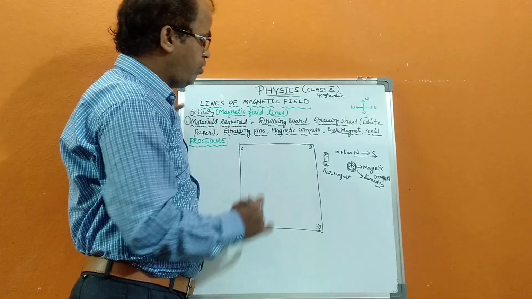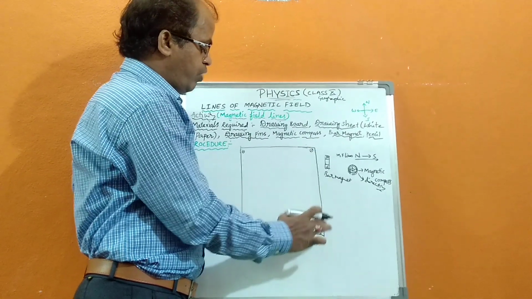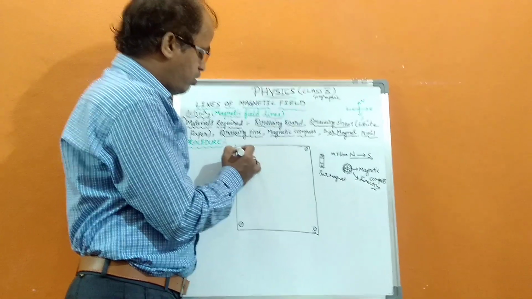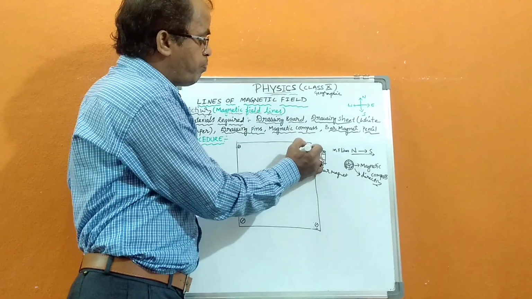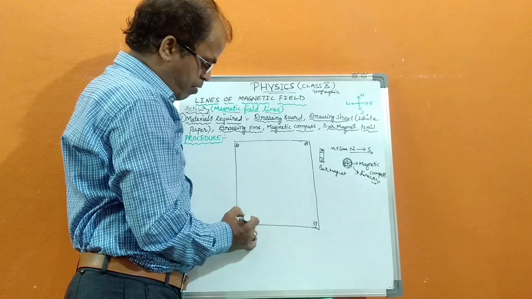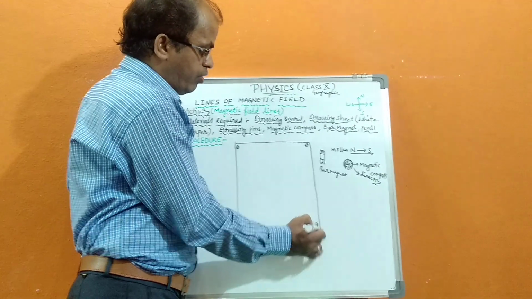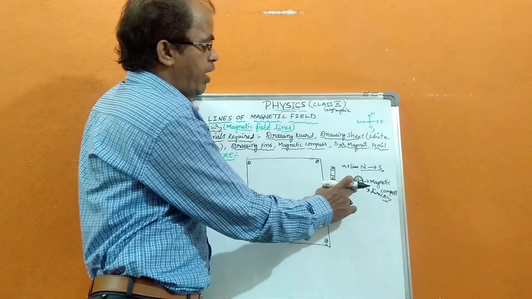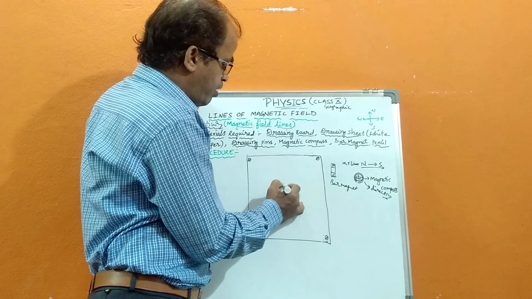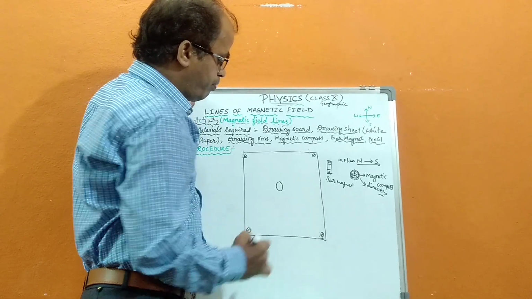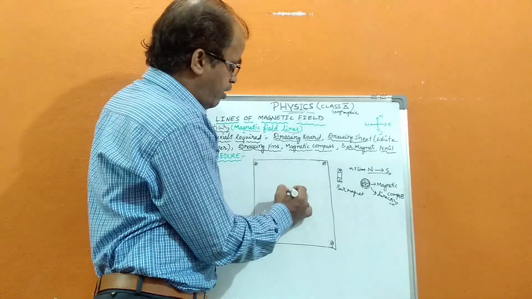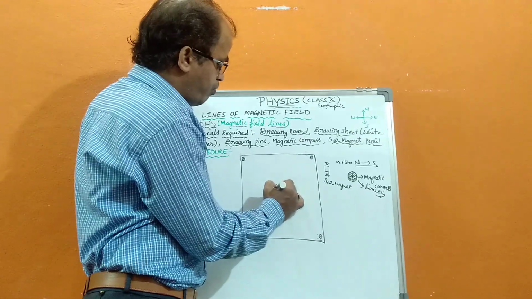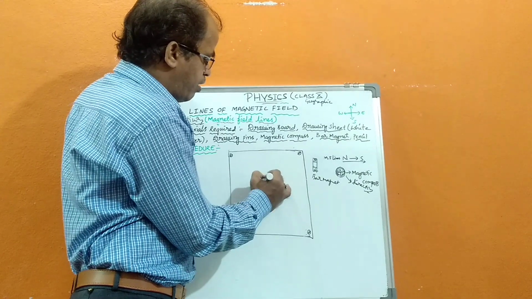So first we have to fix one white paper on the drawing board with pins. Using the pins, we fix the paper, then bring the magnetic compass and place it in the middle of the paper and find the north pole direction using the magnetic compass.